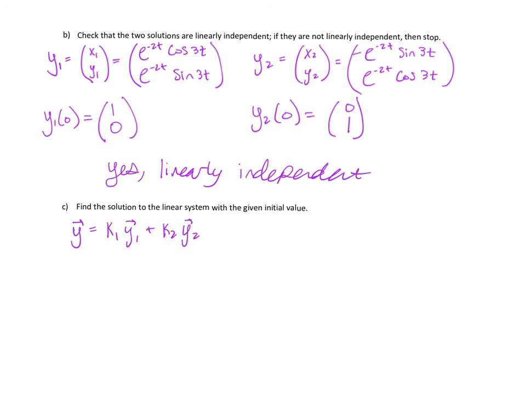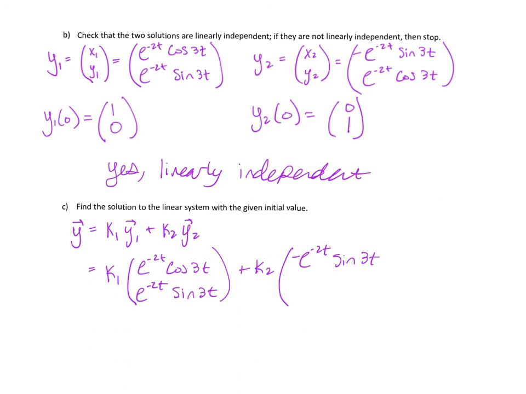So this is k1 times y1, which is e to the negative 2t cosine 3t, e to the negative 2t sine 3t, plus k2 times y2, which is negative e to the negative 2t sine 3t, e to the negative 2t cosine 3t. So there's my general solution.